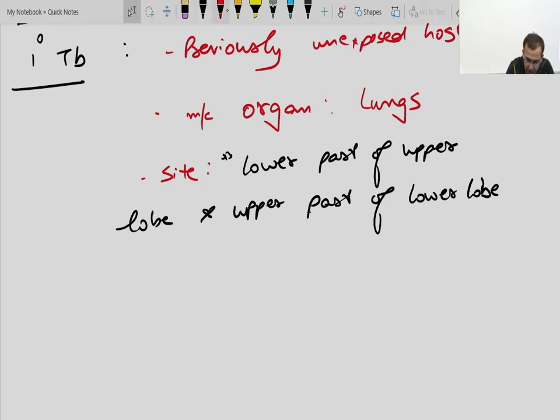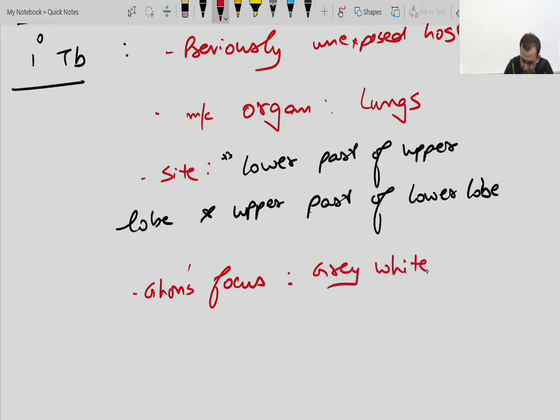Next point, primary TB has three named foci. Ghon's focus, which is a grey-white area of inflammation with consolidation.